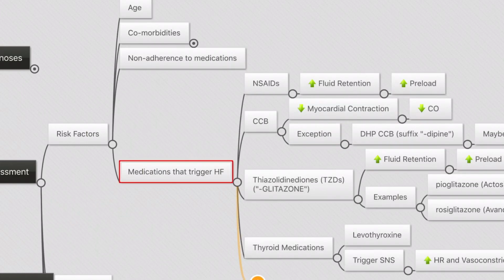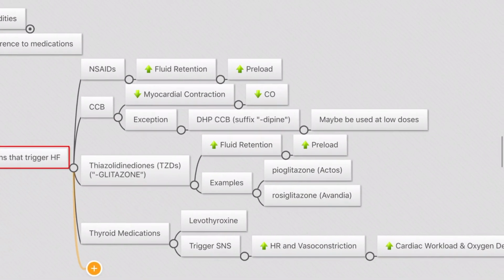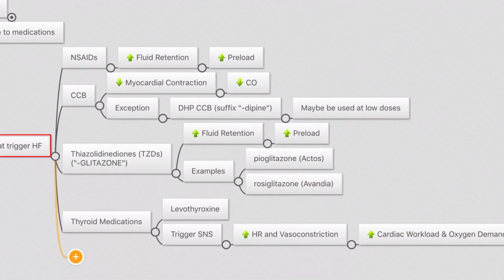What about medications? Medications that trigger heart failure. So if you can see over here, NSAIDs will be number one. NSAIDs are very commonly used because they're over the counter and they may increase fluid retention, and that will increase preload. Think about that as an increase in fluid balance. Then you have the calcium channel blocker.